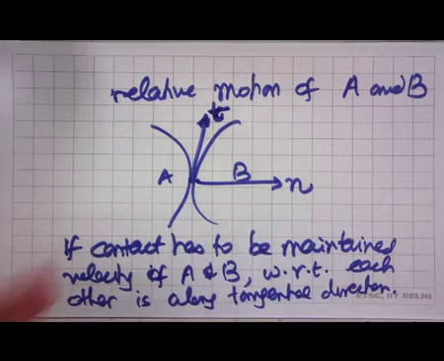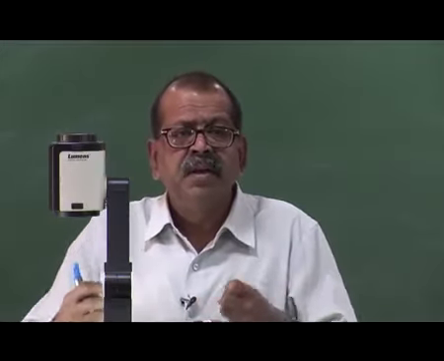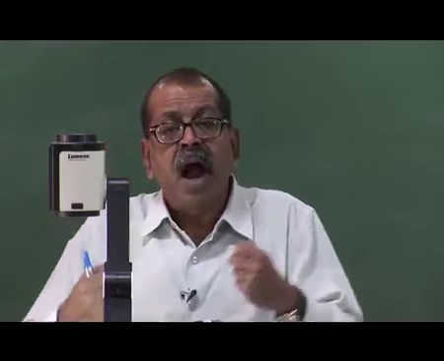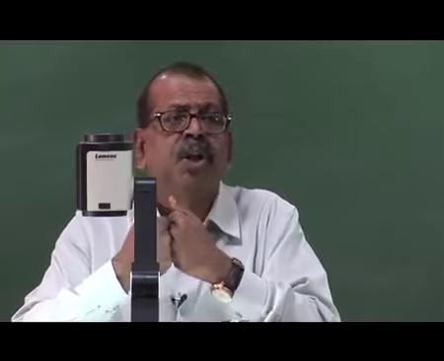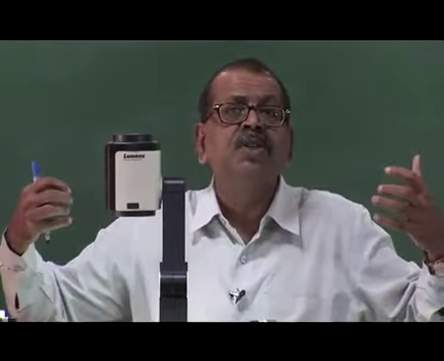Why can't we have a velocity along the normal direction? Just think about it. If bodies A and B have unequal velocities in the normal direction, what will happen? Either body A will pierce into body B, or the two bodies will separate away from each other.